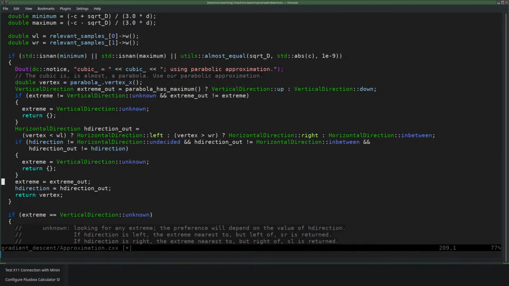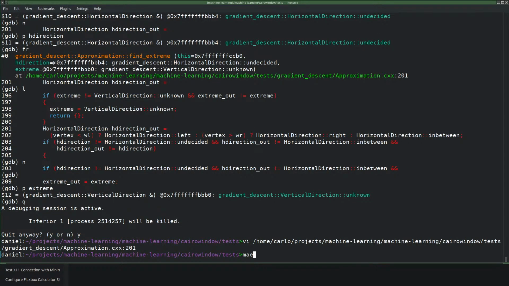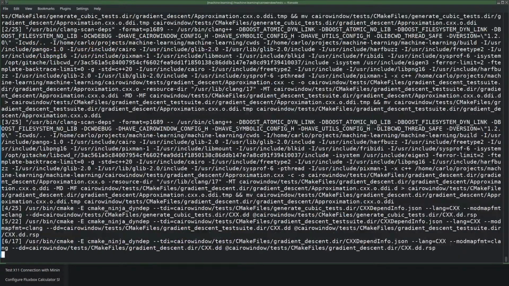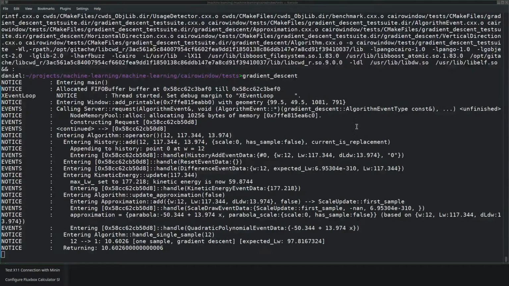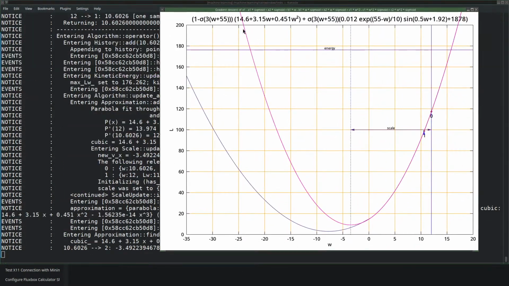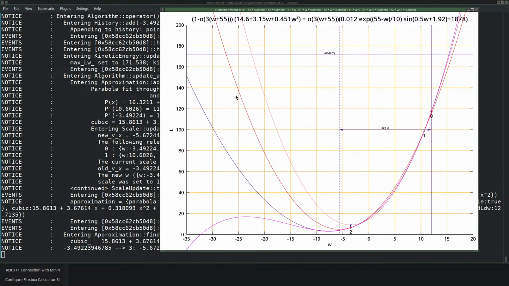Maybe I should rename it to result. Optional result. Yeah. That's better.